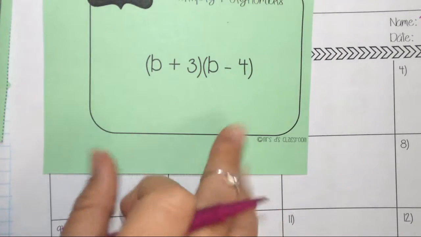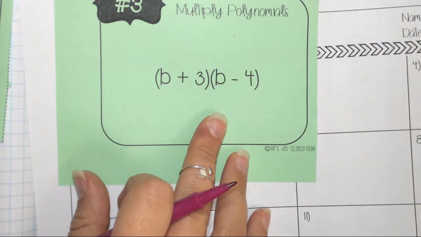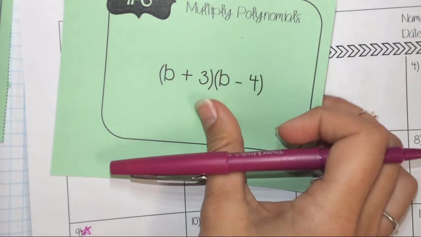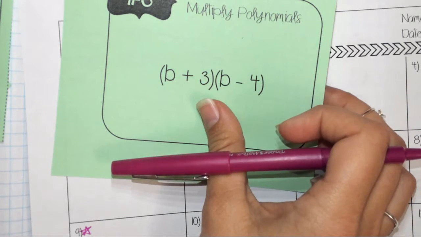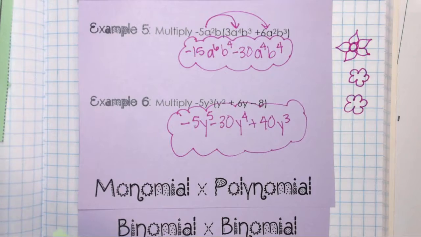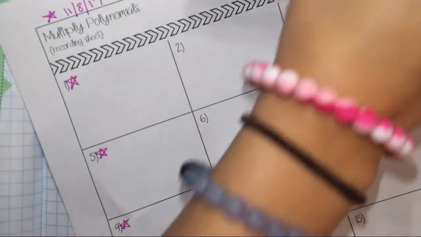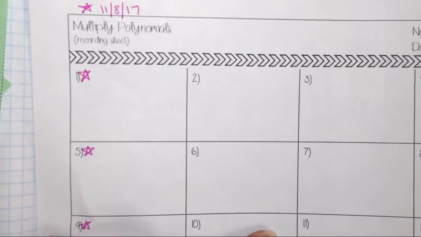All right, what about 3? Have we done one like this yet? Have we done 2 binomials? No. Y'all, what we've done so far is a monomial times a monomial and a monomial times a polynomial. Are either of these monomials? No. So we haven't done this, so set it aside.